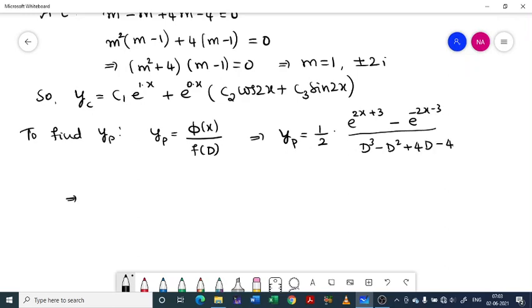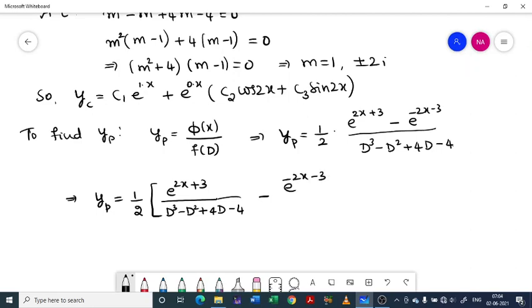So that implies yp will be 1 by 2 times of e power 2x plus 3 divided by d cube minus d square plus 4d minus 4, minus e power minus 2x minus 3 divided by d cube minus d square plus 4d minus 4.